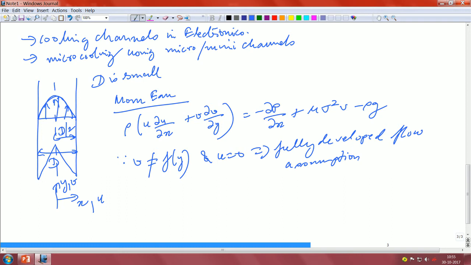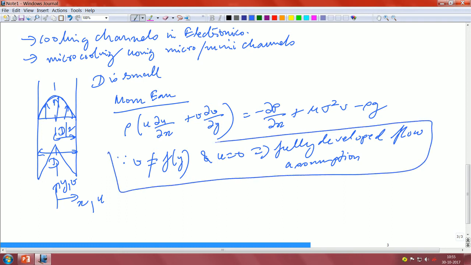Okay. All this comes from the fully developed flow assumption that V is not a function of y and u is actually equal to 0. Okay. So, similarly, dP by dx, this we already established earlier.